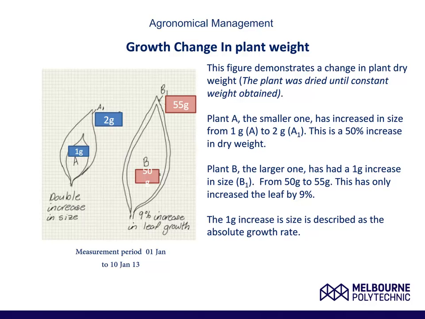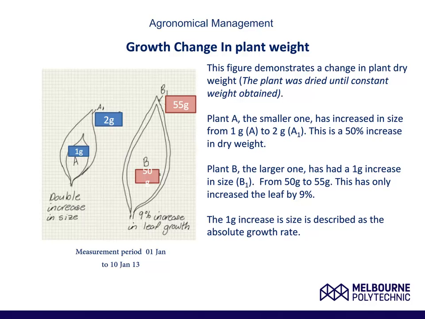Let's do another example, but rather than using area we shall use weight to demonstrate the concepts. Here we have the same two leaves. Leaf A weighs 1 gram, while leaf A1 weighs 2 grams. Again you can see it has doubled in weight.